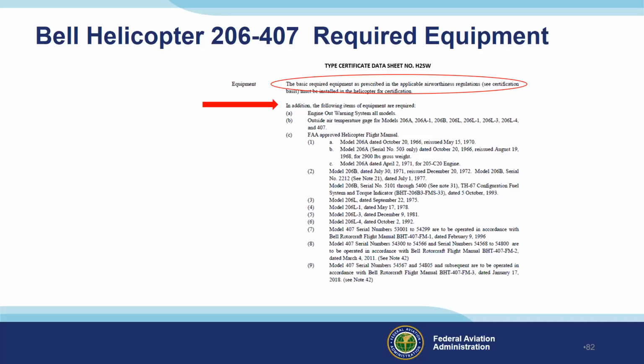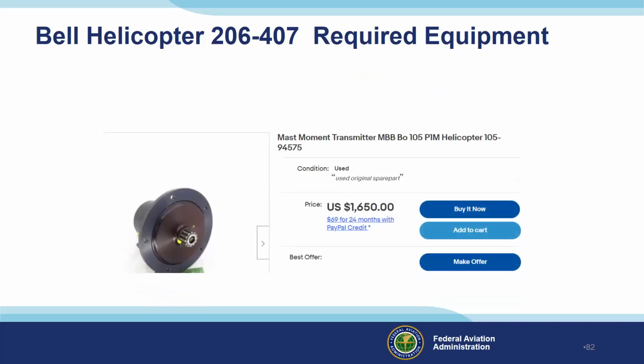They took it from a category of 10 days to 120 days on the MEL. It worked out in the end, but it's a good example of how you can't just remove something if it's part of the type design. Just for fun, I did a search for this part this morning, and there's the mast moment transmitter that they couldn't get. There's one on eBay.